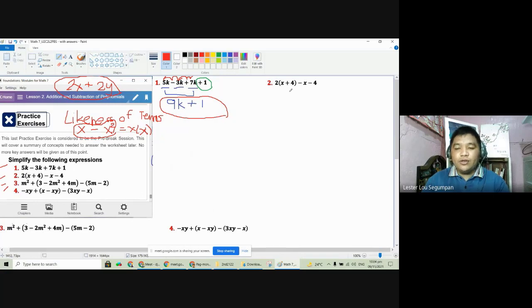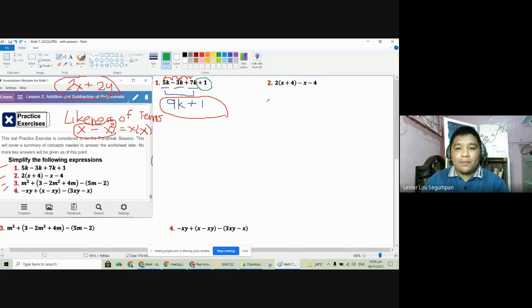In number two, you might notice here a grouping symbol. Do not assume that you could just simply proceed with 4 minus 4 and say this will become 0, because that's 4 minus 4. Do not do that because there is a grouping symbol here. And when you talk about a grouping symbol with a coefficient outside, you're going to use the distributive property.